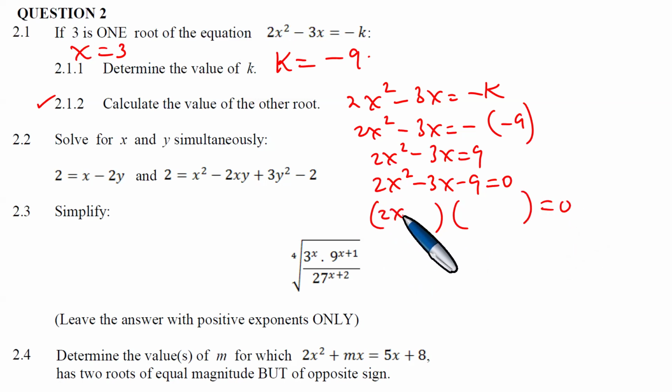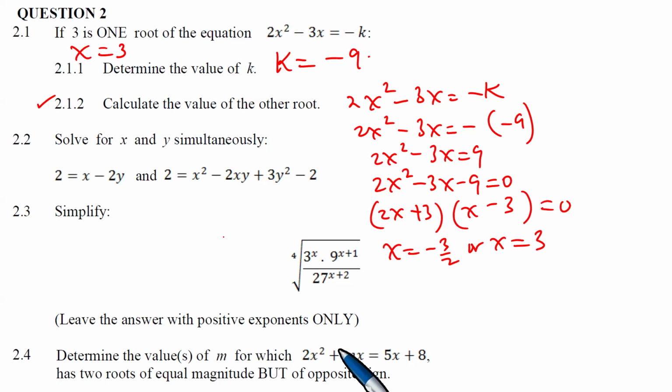So the factors of this are 2x plus 3, x minus 3. And therefore, this means that x is minus 3 over 2, or x equals 3. Those are the factors.